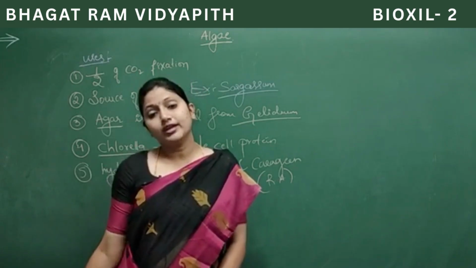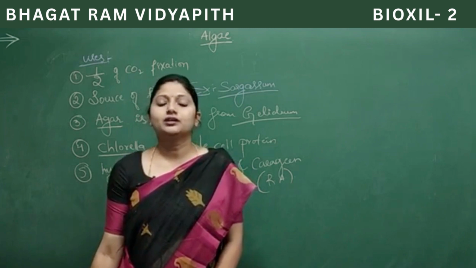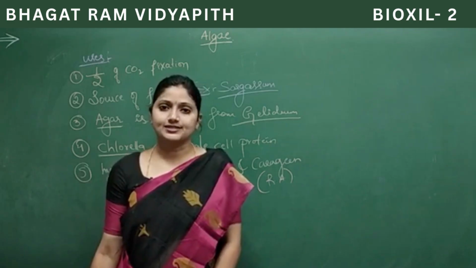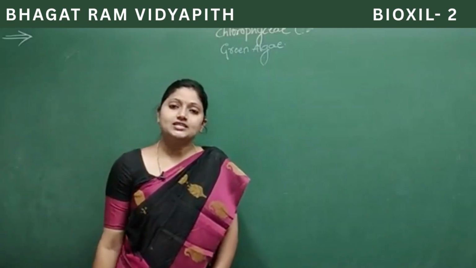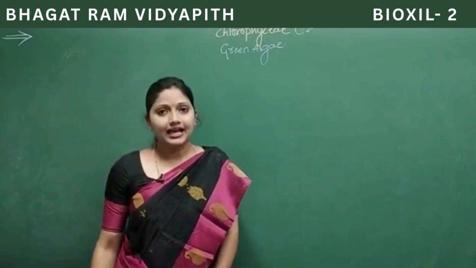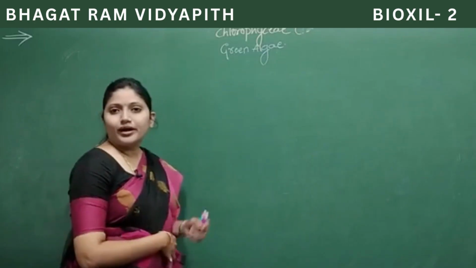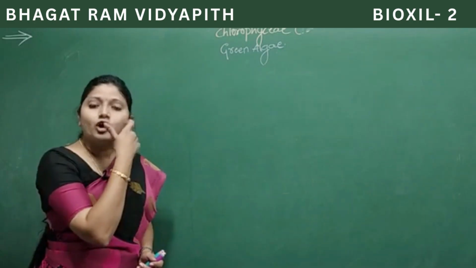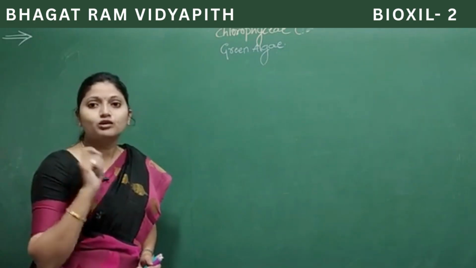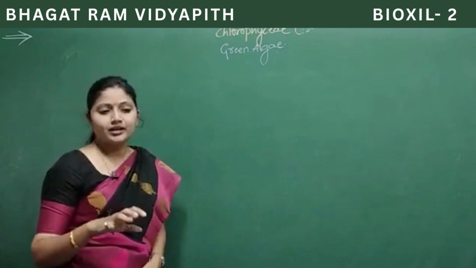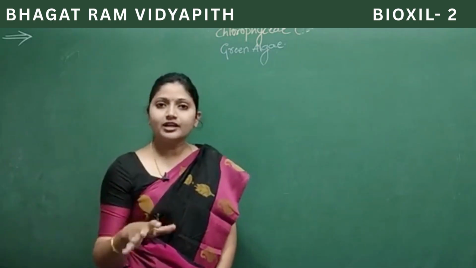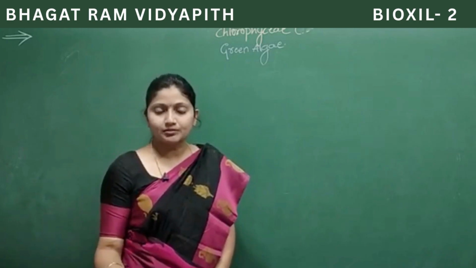So now next we will take up the different classes of algae. Among them we will take up first the chlorophyceae. Chlorophyceae, these are also called green algae. The reason why they are called green algae is they have dominating pigments of chlorophyll A and B. We also know that plants are green because they have chlorophyll in them.